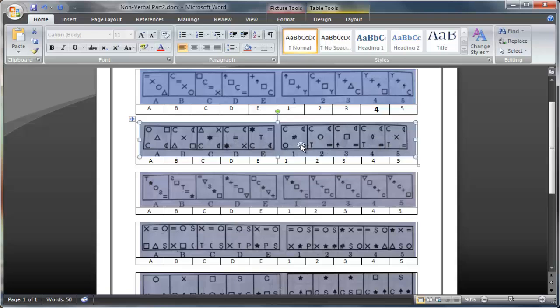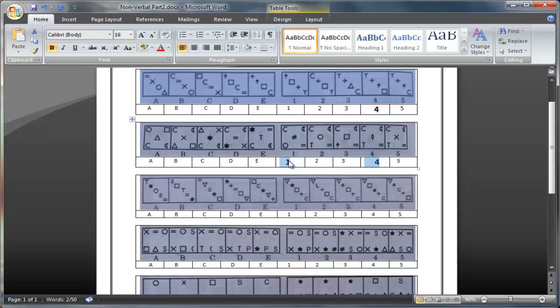So we have 2 possible answers, first and fourth, having different symbols. Okay, now analyze.